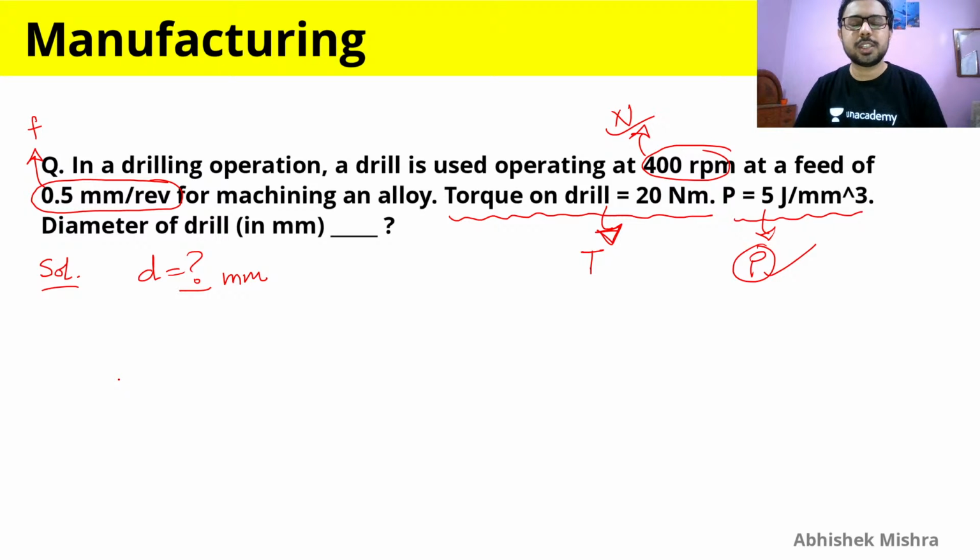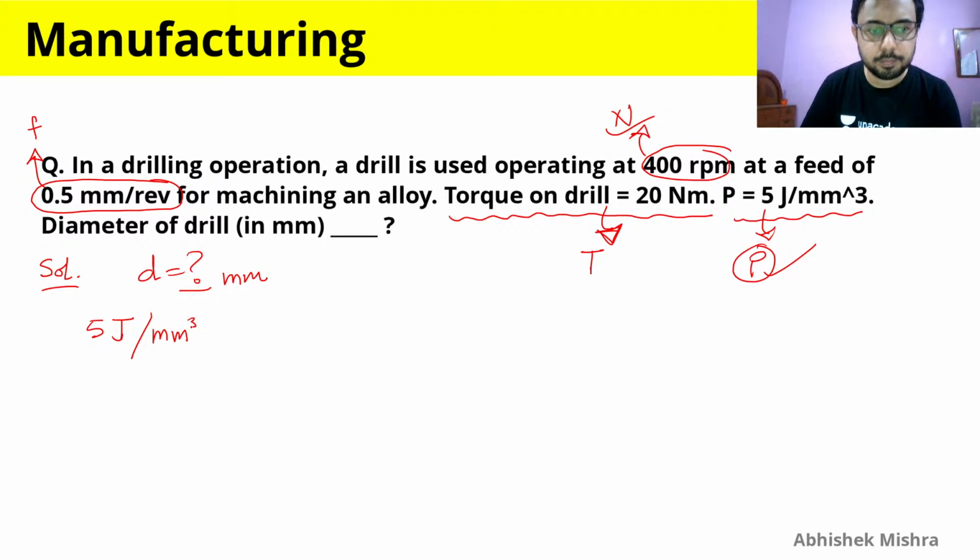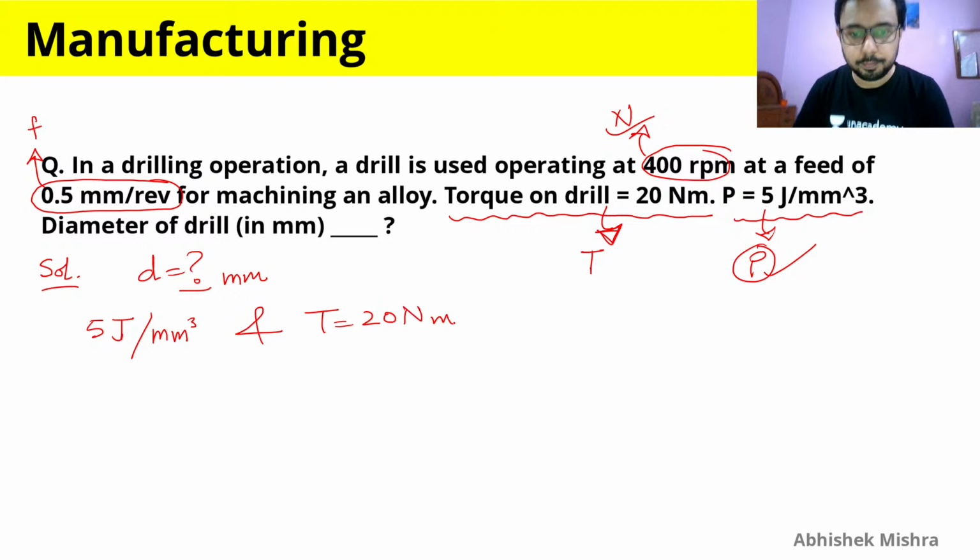So if a new type of question comes, the first thing you need to do is see what type of data is given and what is asked, then see the units. Here we can see that specific energy is given as 5 joule per mm cube, torque is given as 20 Newton meter, and N is 400 rpm.